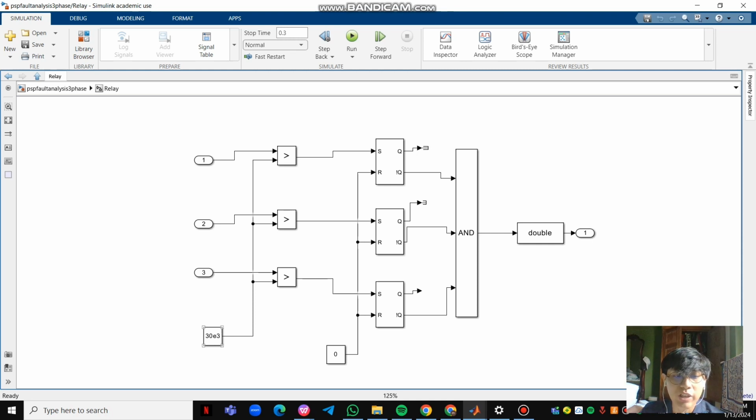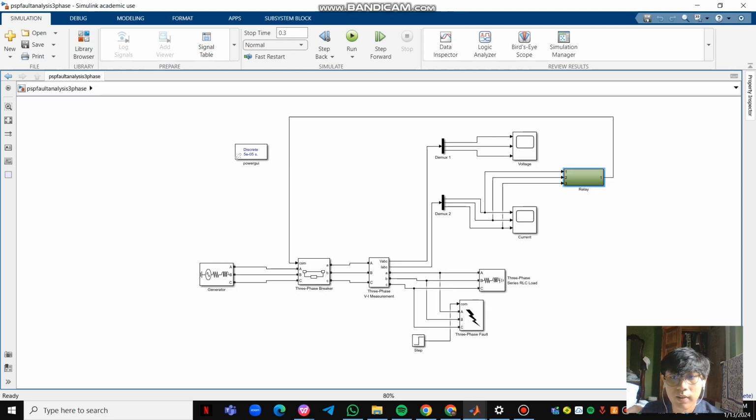The limit of our relay here is 30 times 10 to the power of 3, and then the output goes out here and enters the breaker.